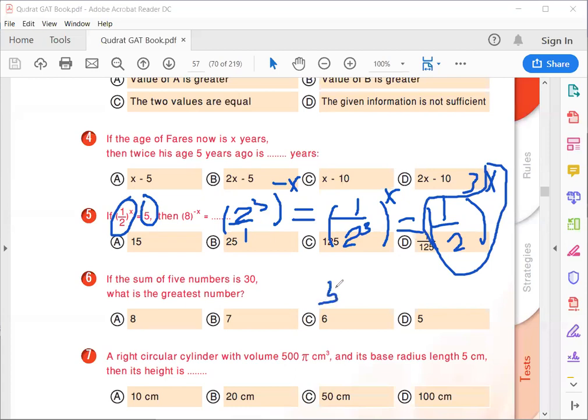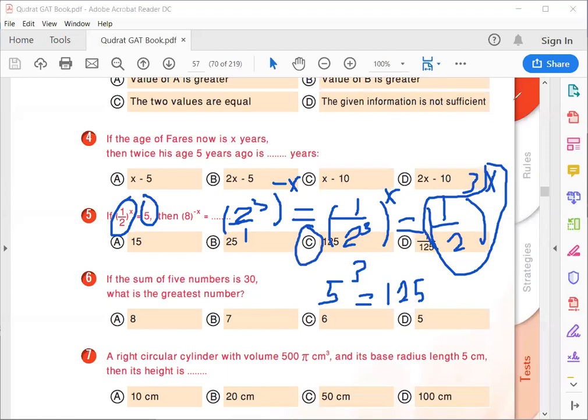So 5 to the power 3 equals 125. So the answer is C.